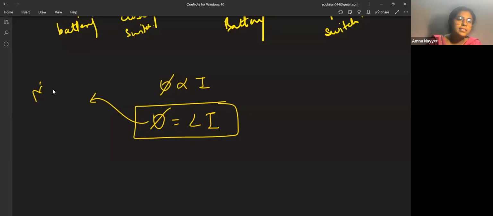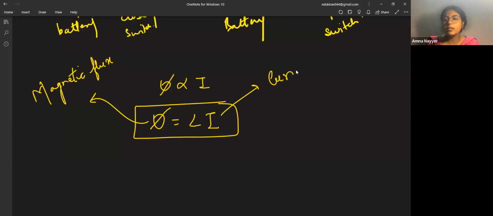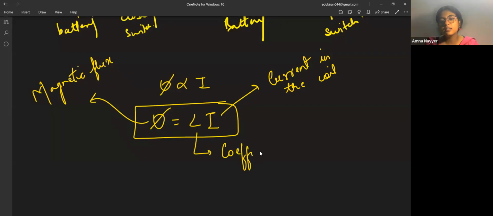What is phi? Phi is the magnetic flux. I is the current in the coil. And L is what? Coefficient of self-induction.